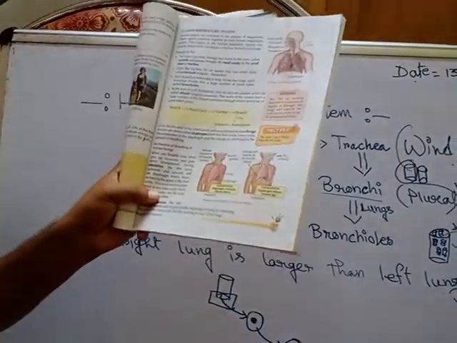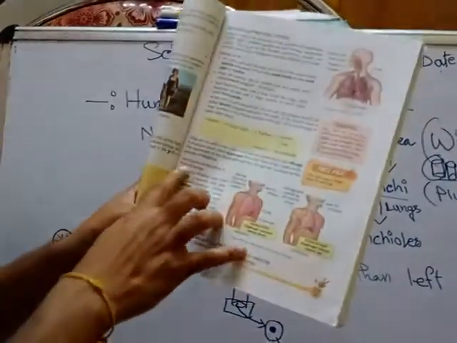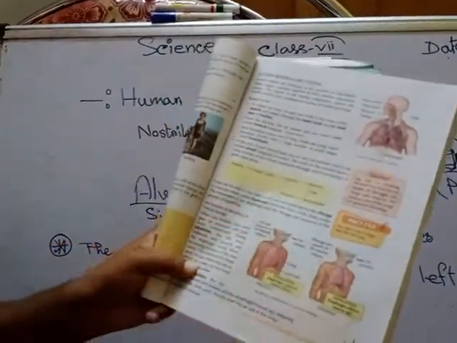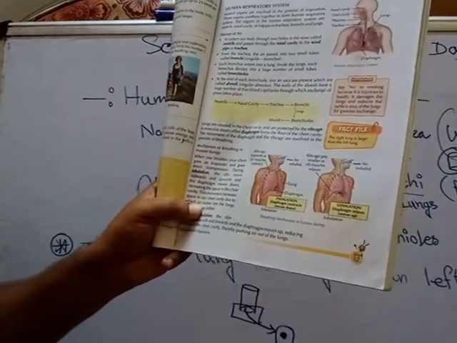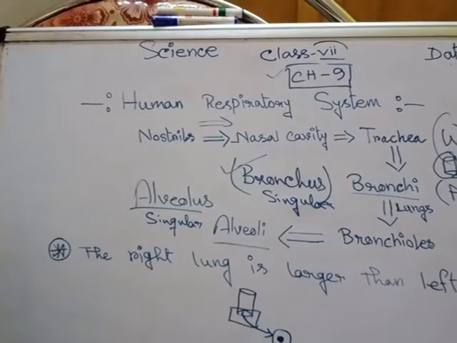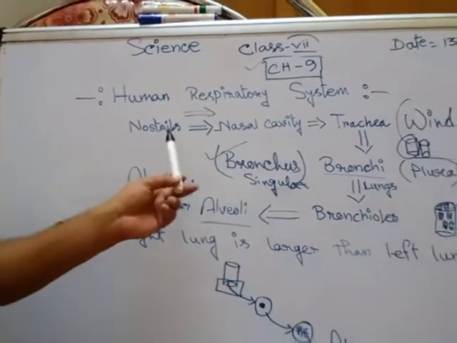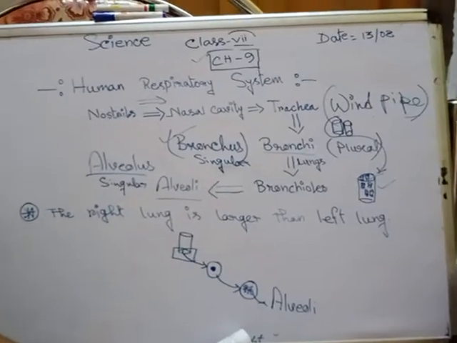Here is the mechanism of the breathing process in human beings. The mechanism of breathing also includes these respiratory organs. Okay.